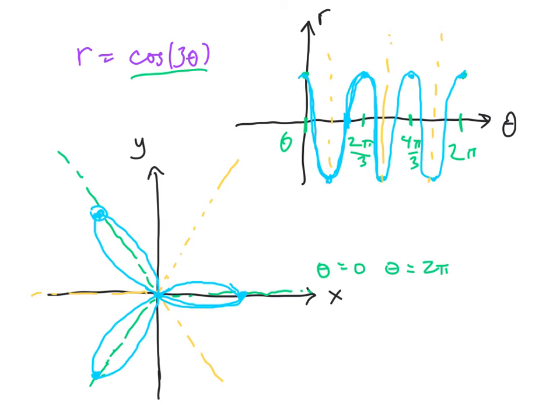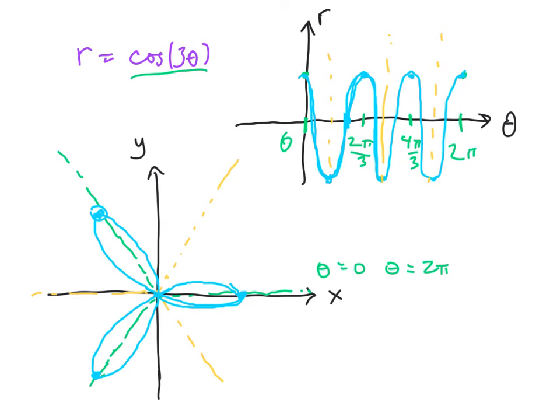So this is actually the complete graph. I'm going to just trace it out one more time so you can see how this figure gets traced out. So I'm going to show what happens as I go from here all the way through here to here. Okay? And I'm going to try and call out crests and troughs as I go along.